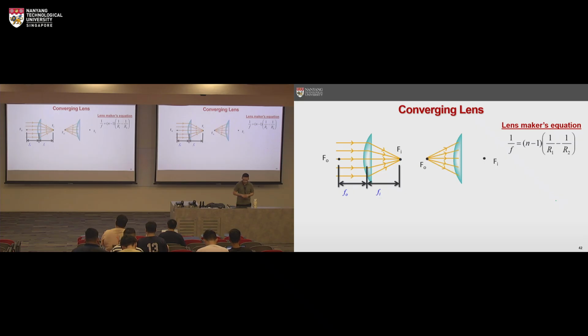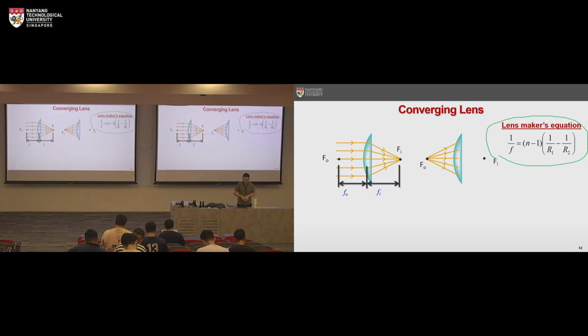One more equation you may find in the slide is called the lens maker equation. The lens maker equation is the original equation for finding the focal length of a lens if the lens is not a thin lens.